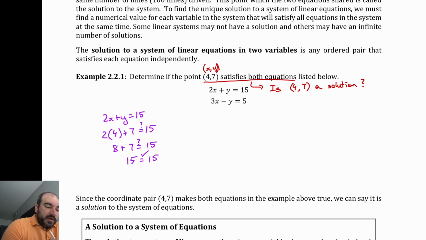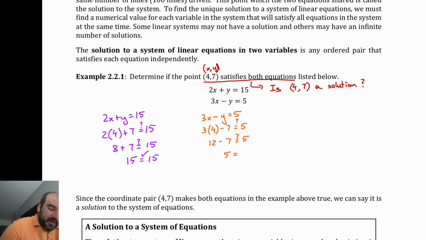Now that we know that point is on that first line, we just need to check the second line as well, and then we'll be good to go. So 3x minus y equals 5. Let's see if that one is true. 3 times 4 minus 7. Does that equal 5? Question mark. 3 times 4 is 12, minus 7, question mark 5.